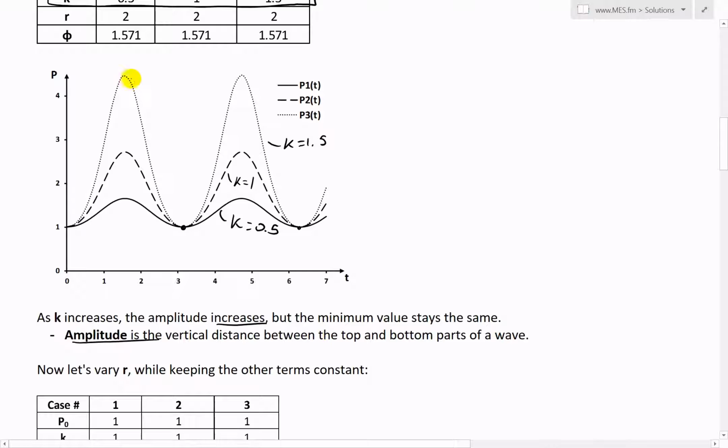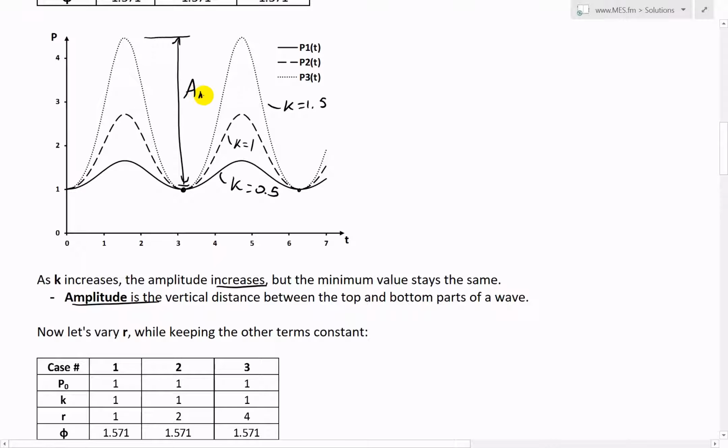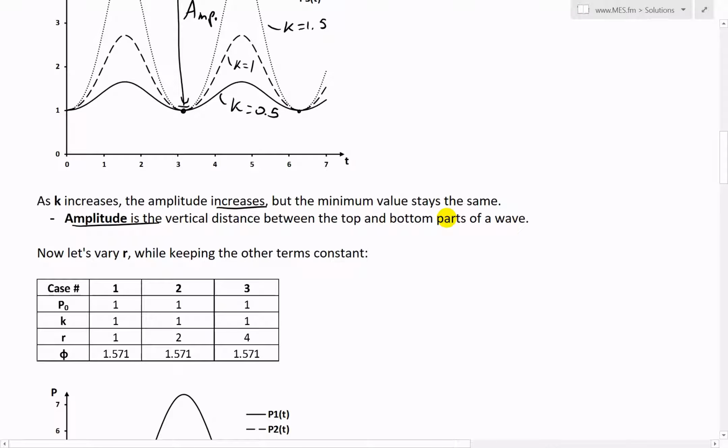In this case, the amplitude of this one is all the way here. I'll call that AMP, just amplitude. For these ones you have a smaller one, from here to here, and this one is from the center to there. I'll just erase it to make it neater.